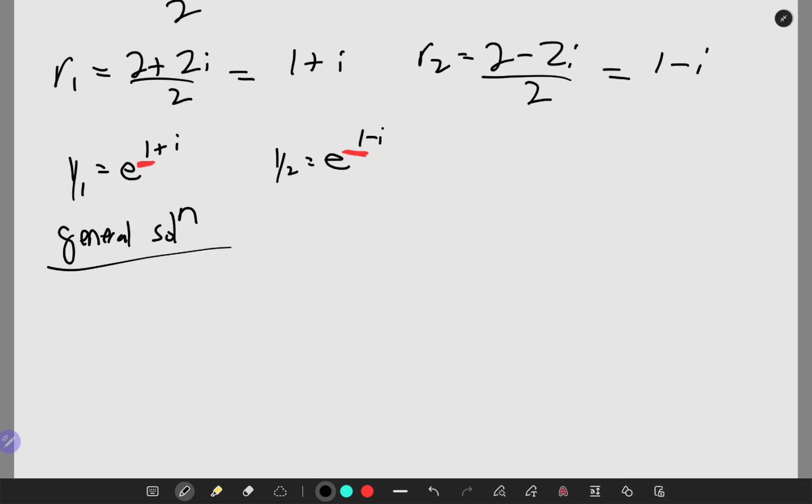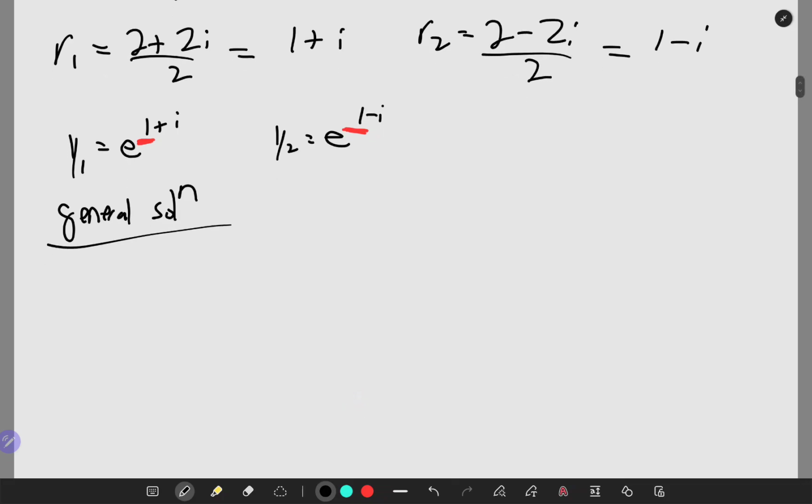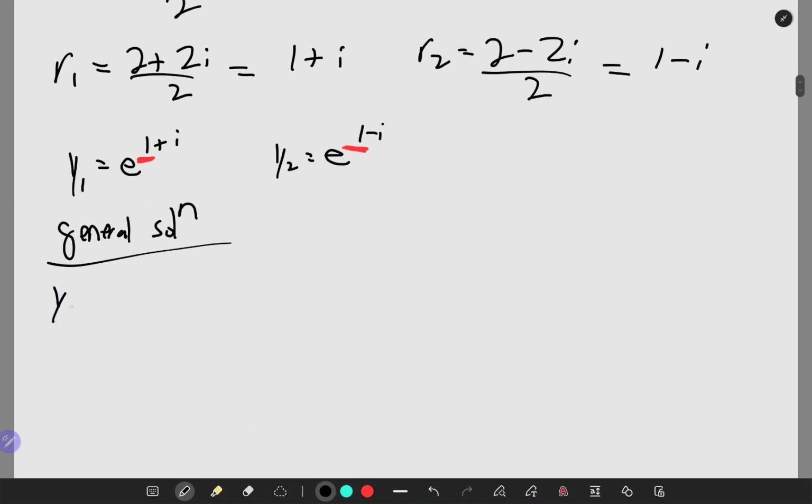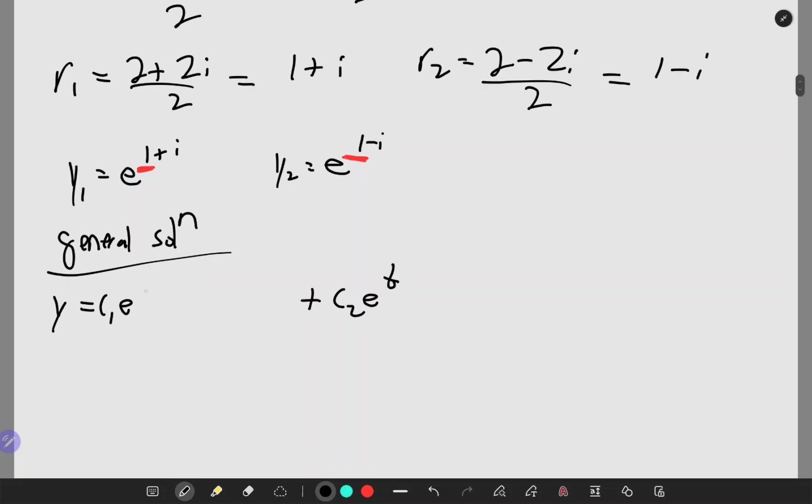For this one at least. We're going to focus on this first one only. So it's going to look like this. We're always going to have a c1 e to the t. And we're always going to have a c2 e to the t. Because this is basically like saying we have this 1 is going to carry down to here.